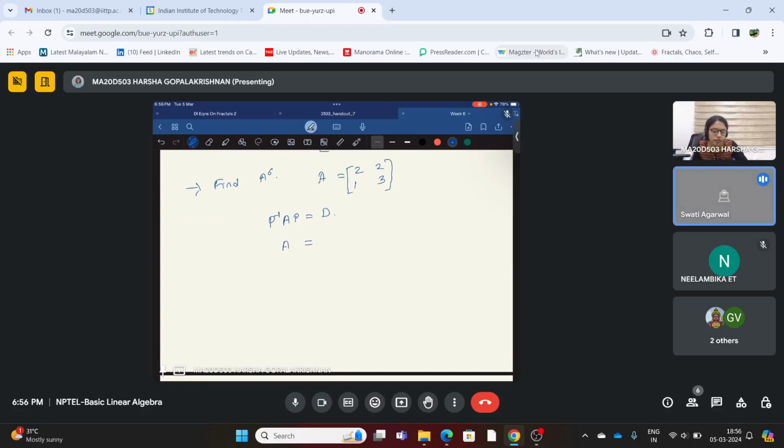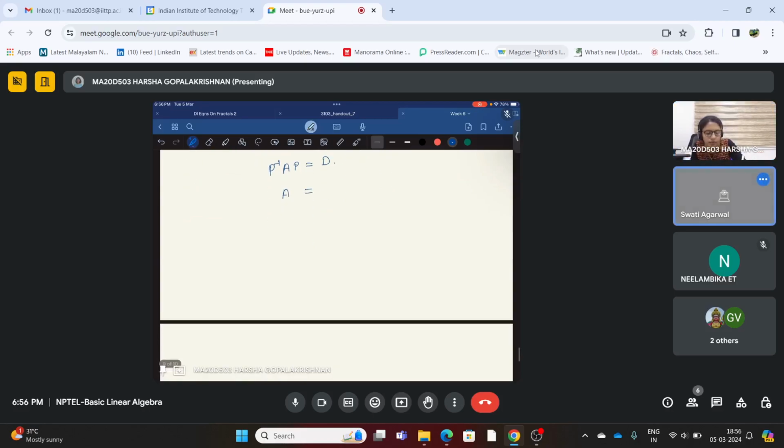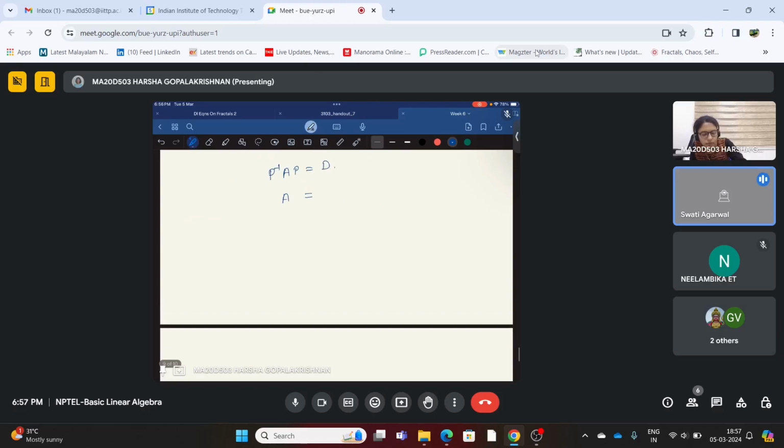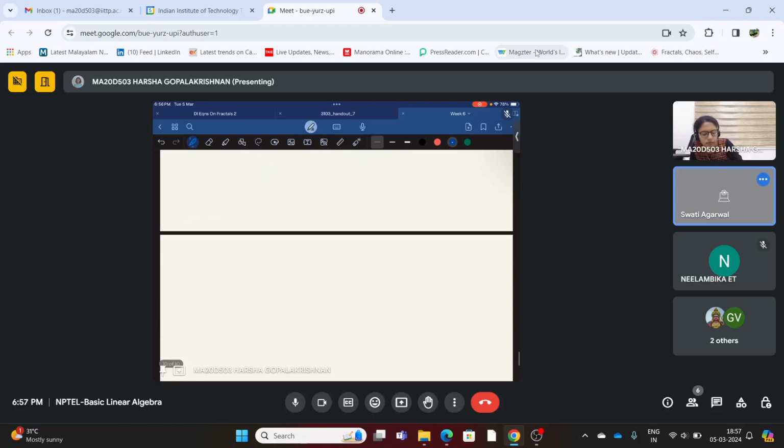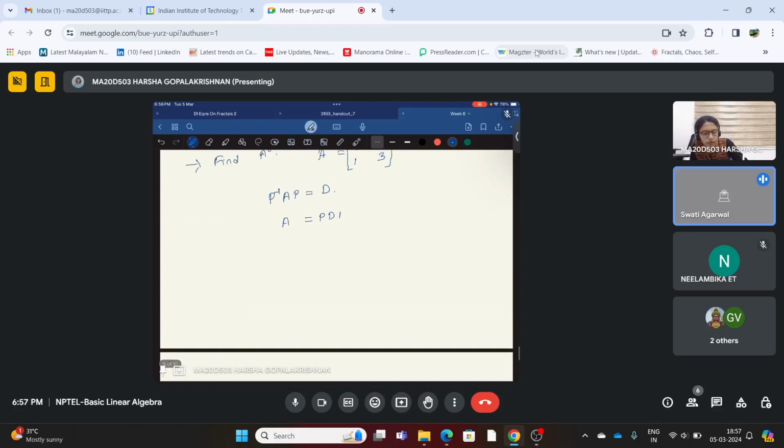A is equal to P D P inverse. Correct. What I am doing is multiplying here with P, and here with P inverse. Here also P inverse. So this P inverse will get cancelled, this will get cancelled, meaning it will become identity.